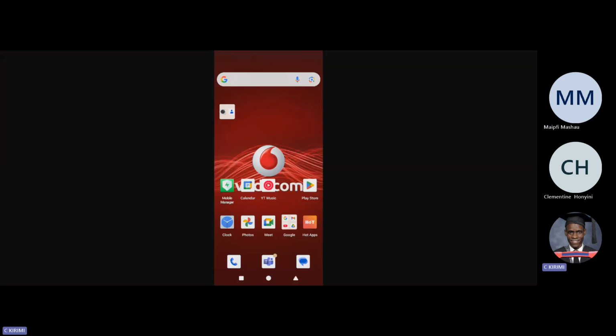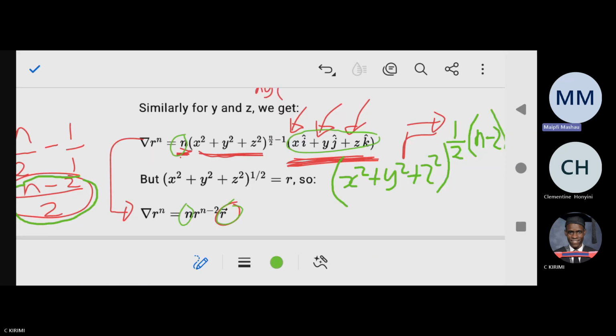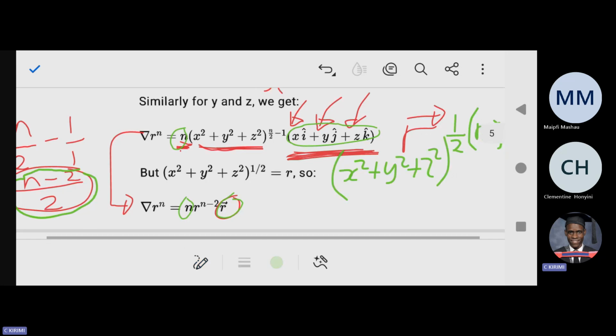Are we together? So the negative 2 on top, when you divide it by 2, is going to give you negative 1, which will take you back. It's just another way of rewriting this expression.